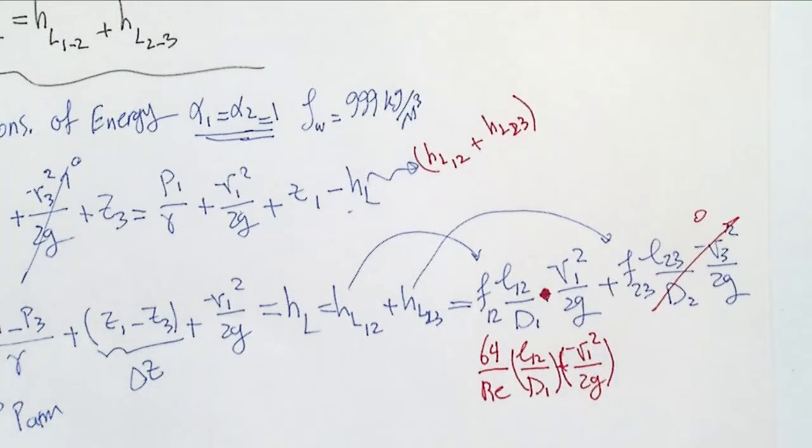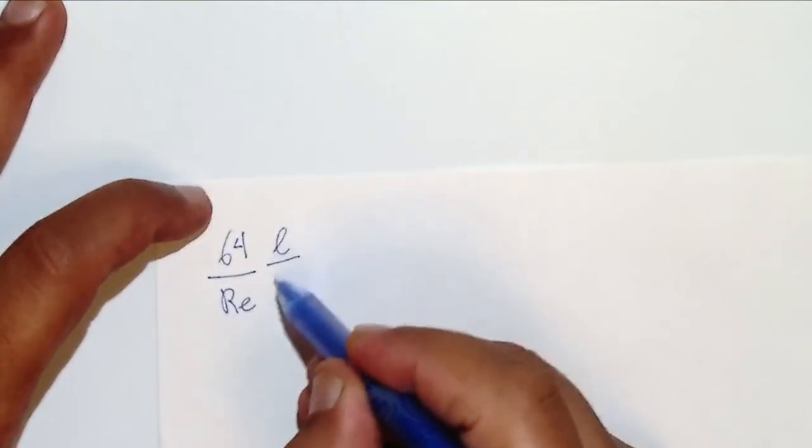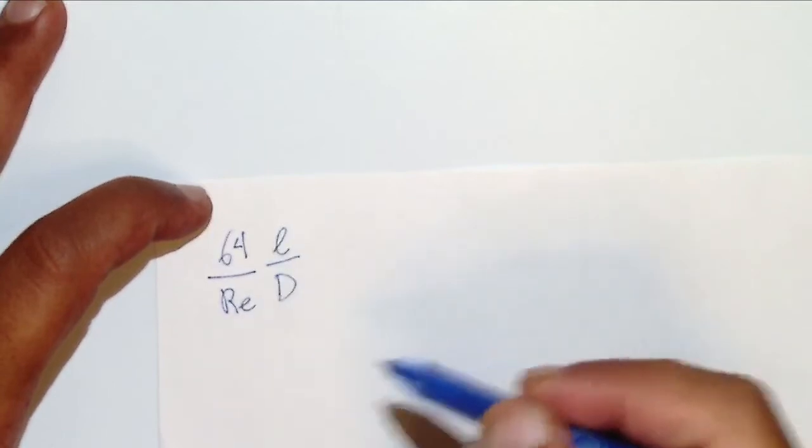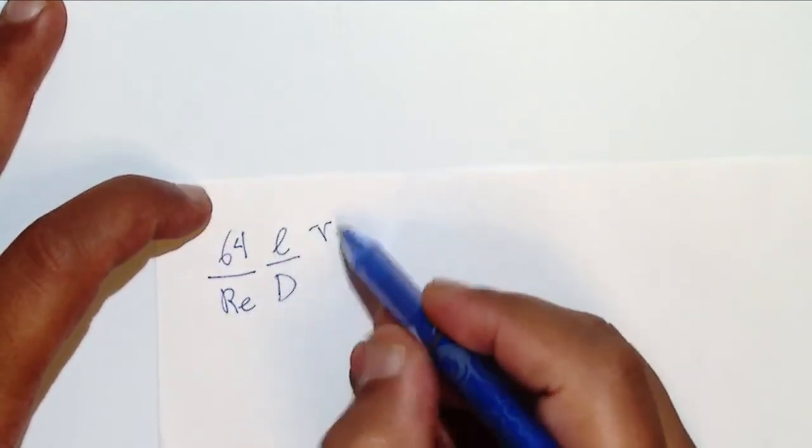So we can do it and rewrite the equation here, by replacing these constants that we find and rewriting the equation, we have finally the head loss, which is 64 over Reynolds number times L over D, again is 1 over 1 to 2. I'm just getting rid of 12 because we only have one term.